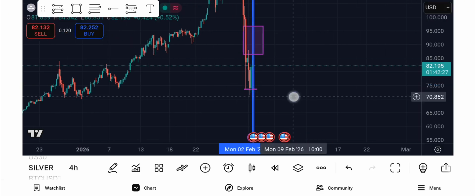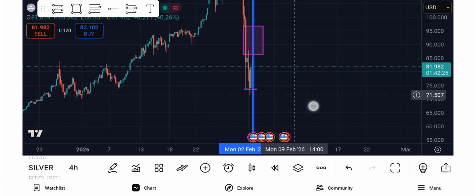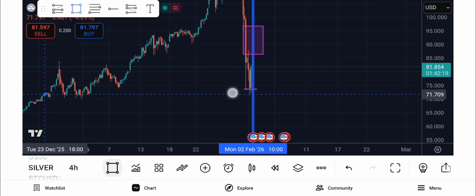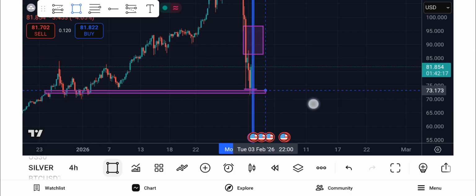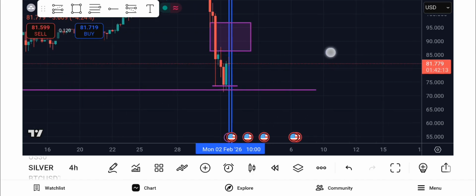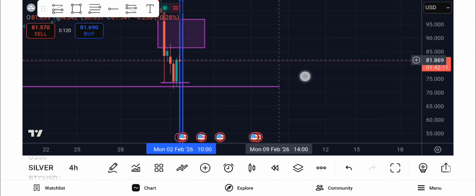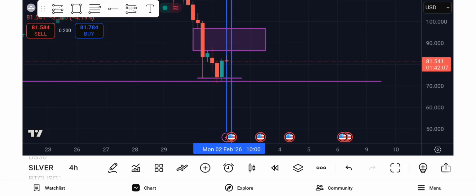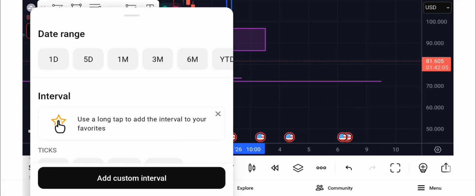You can see that it could have been a mini fair value gap here, is the reason why it's rejecting up to the upside. But we'll have to see, because I'm still bearish even on the higher time frame, but we'll see.